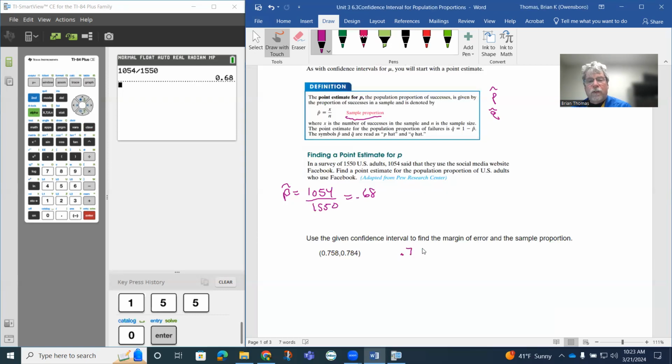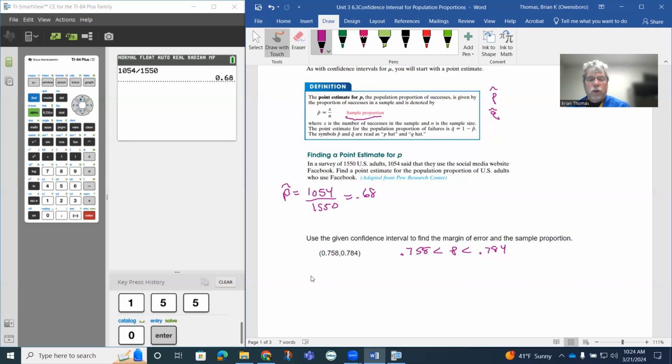So 0.758 is less than P, which is less than 0.784. So that's our confidence interval. So what they're saying is our population proportion, they're confident that it's between these two values. So between like 75.8% and 78.4%. So what they want us to do is determine the margin of error.